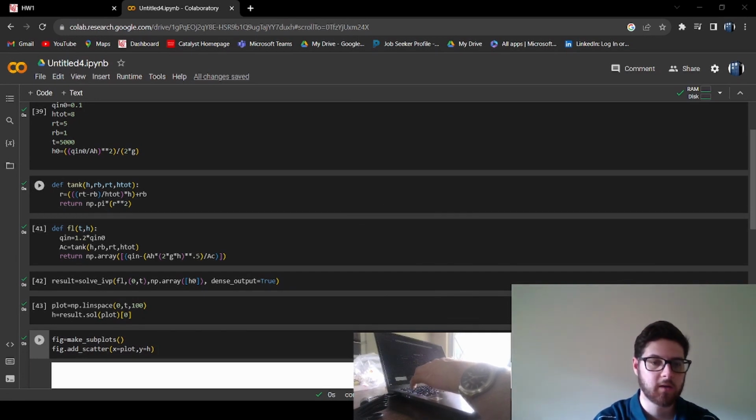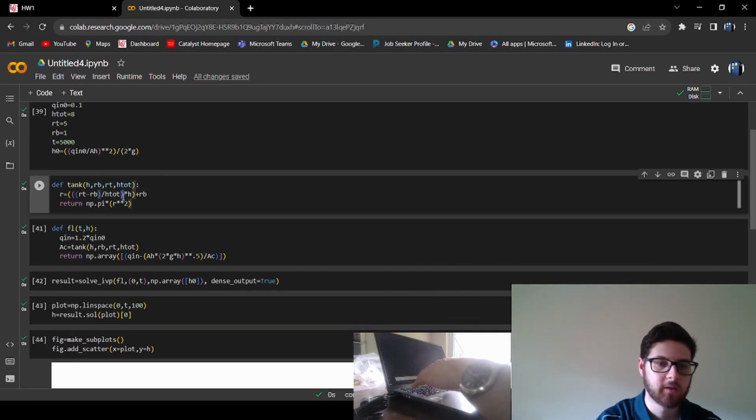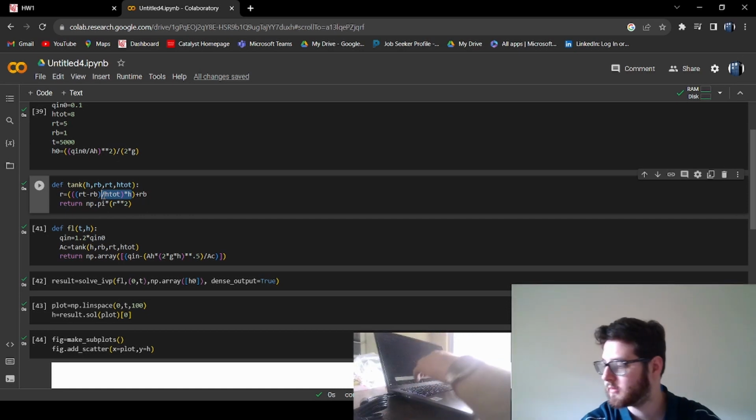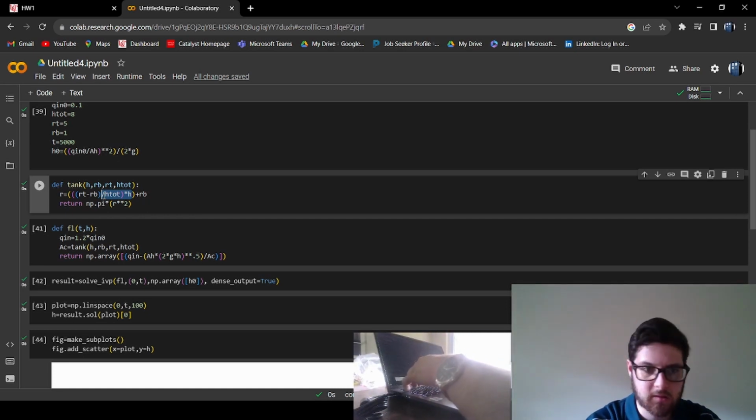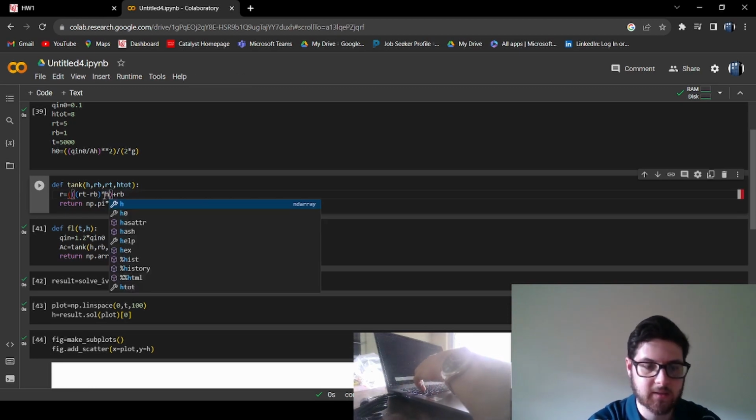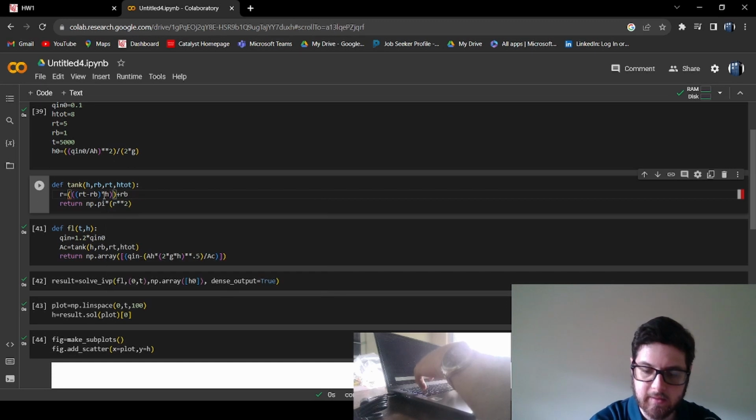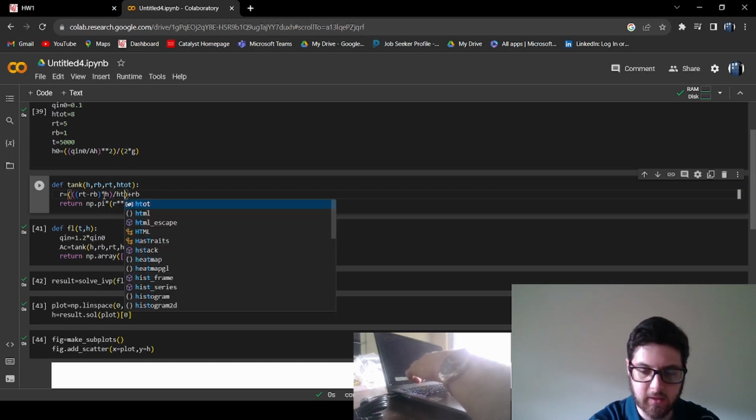Alright, so upon more careful consideration, I think I figured out kind of what I did wrong, and it lies within these right here. Now let's look at it in an equation again, and it's supposed to be multiplied by this height, and then divided by the total height.